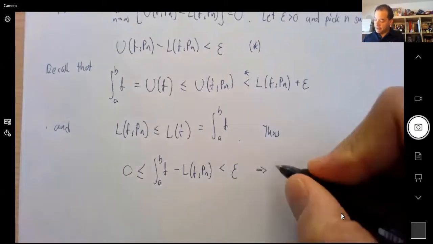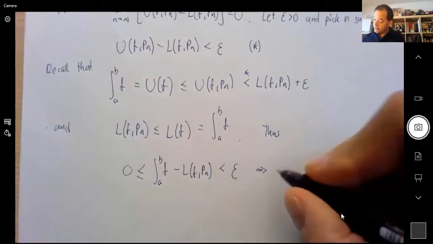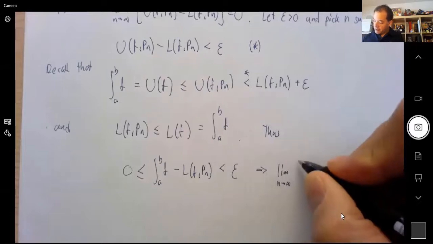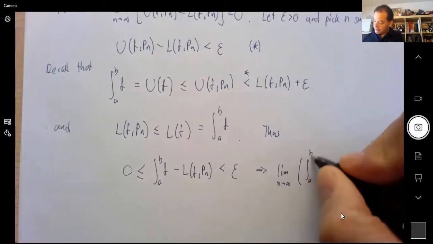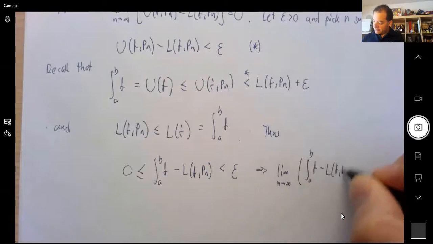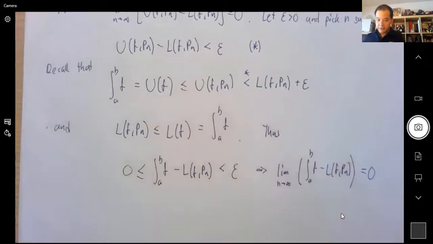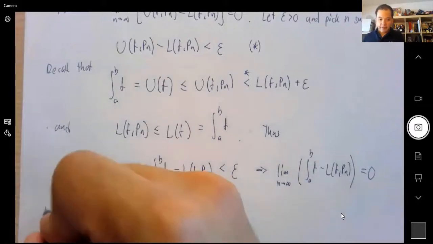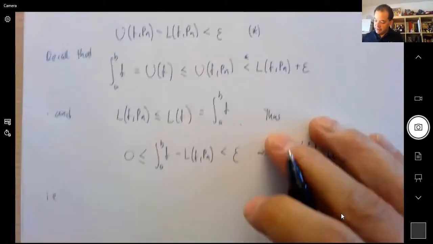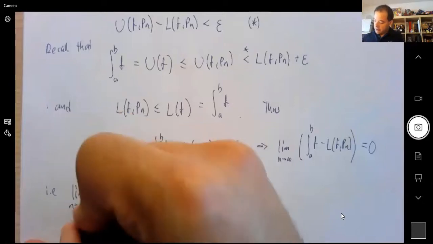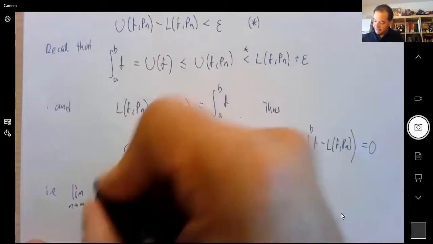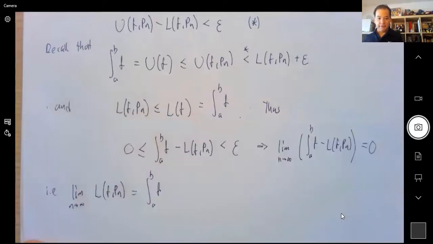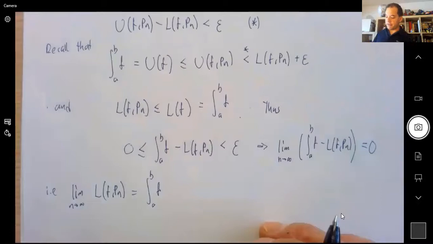That's precisely the definition, because I could do this for every epsilon. So this implies that the limit when n goes to infinity of this integral minus the L is 0, right? But this is a constant, it's just a number. So this means that the limit of the L's is in fact the integral, right? And that's the additional part that I was trying to prove.